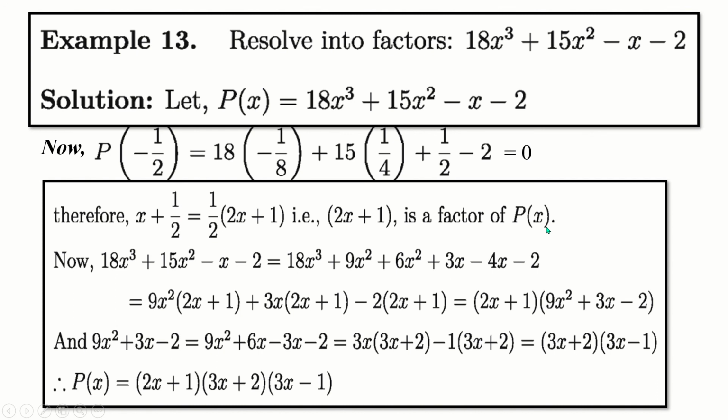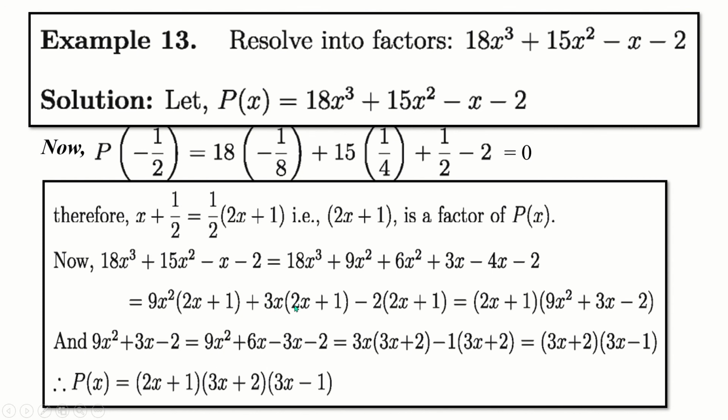So 2x plus 1 is a factor of P of x. Now 18x cube plus 15x square minus x minus 2 equals, at first we write 2x plus 1 into something. As here is 18x cube but here is 2x, we take 9x square, and 9x square into 2x equals 18x cube. 9x square plus 1, this equals 9x square, but here is 15x square, so we take 3x.